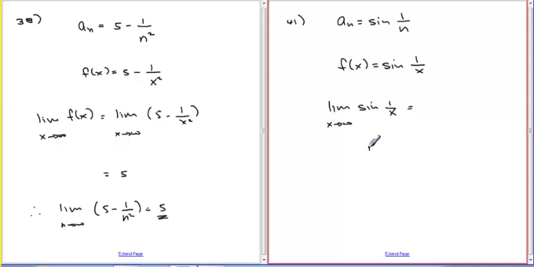Well, if you think about what happens here, as x goes to infinity, you'll have this oscillating behavior, but this term gets smaller. So it's like the sine of 0, which would be 0.